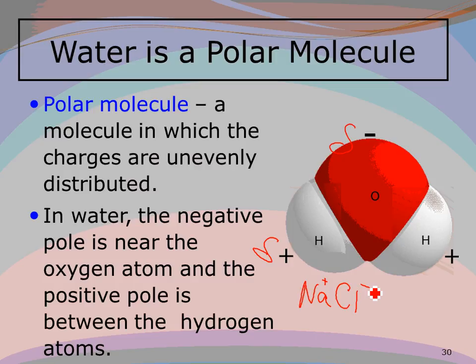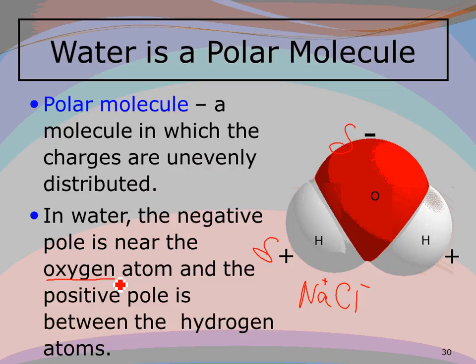In water, though, we need to remember, and we talked about this before, that the negative pole is near the oxygen. So the oxygen carries that partially negative charge. And the positive pole is between the hydrogen atoms.